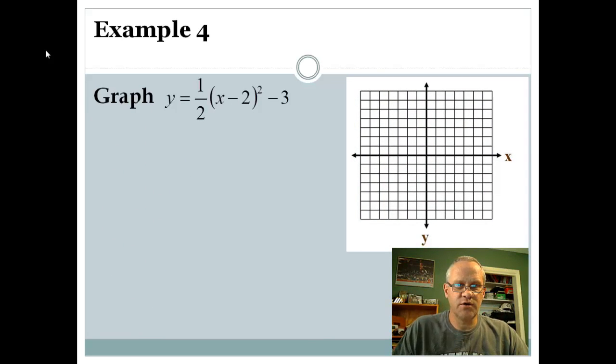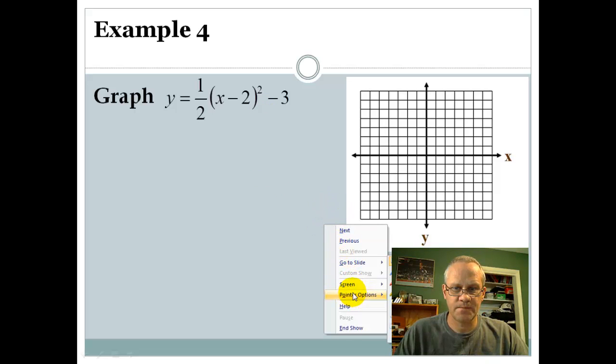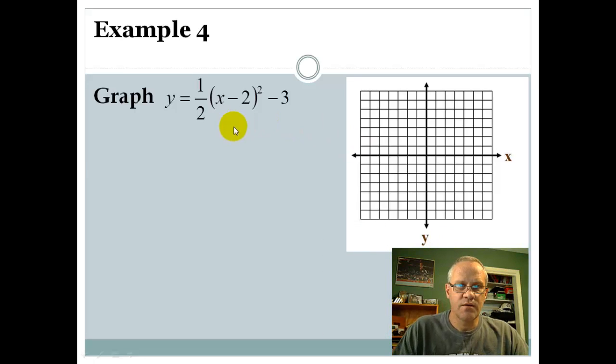All right, so now in this one, what we're going to do is graph this. It's going to be a little trickier here because of this 1/2, but we're going to follow the same basic pattern. So first of all, we know that the vertex is (h, k), which in this case is 2, -3.